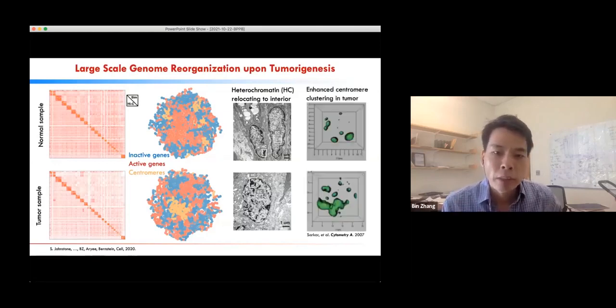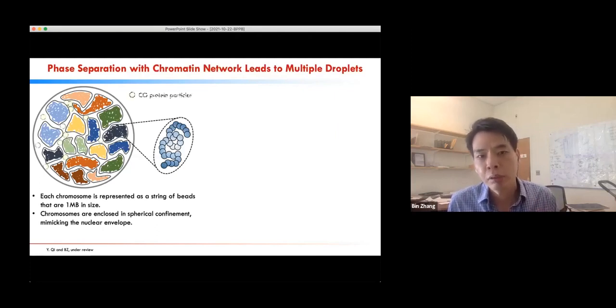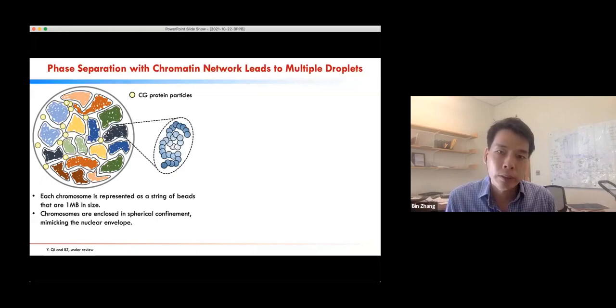All right, and now that we have a reliable model for the genome, we can also begin to think about the phase separation in the nucleus. To do that, we introduced additional corresponding particles, and these particles basically try to mimic the nucleolar proteins, which are the key component of the nuclear body.